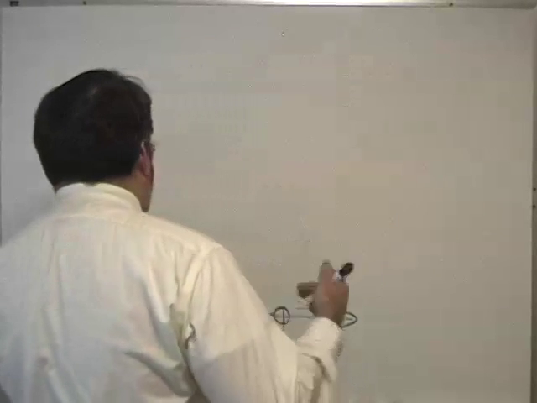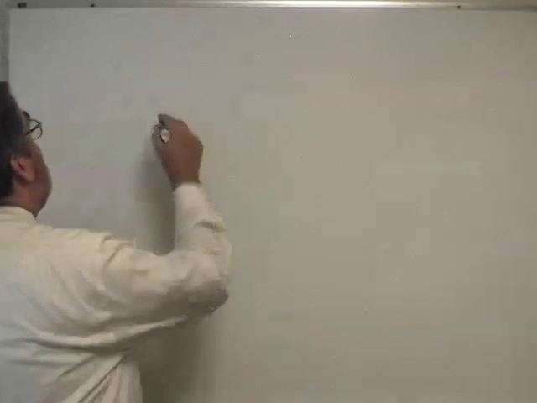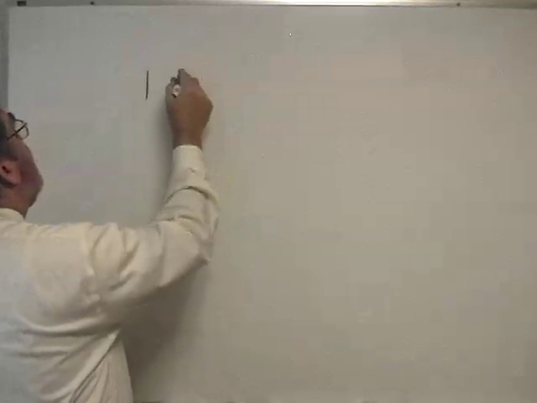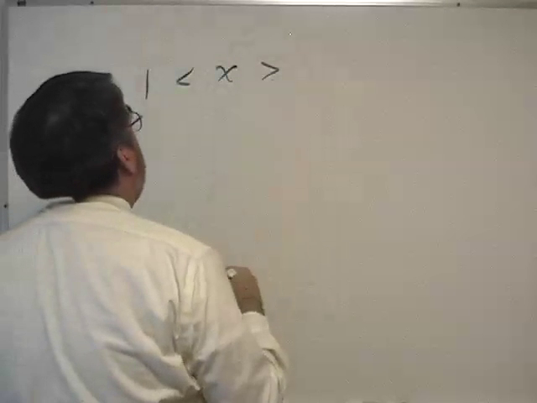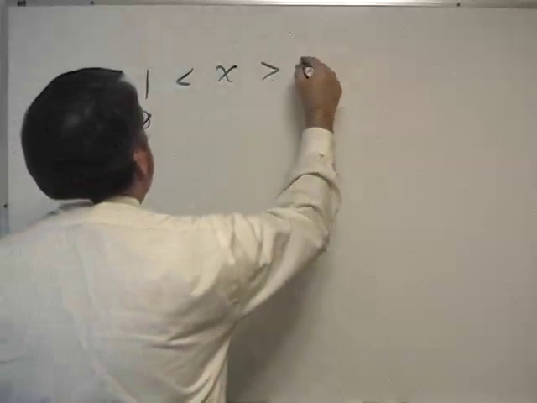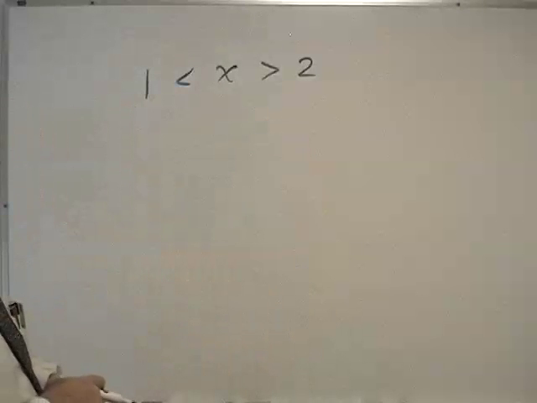So it would be very possible to come up with something rather impossible. And if you're careless about solving a compound inequality, you could get something like this. Suppose you ended up with 1 is less than x, which is greater than 2. All right, so let's see. How in the world do we interpret this?